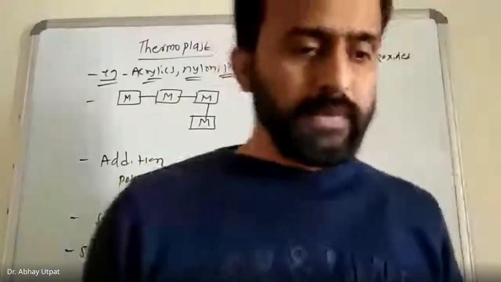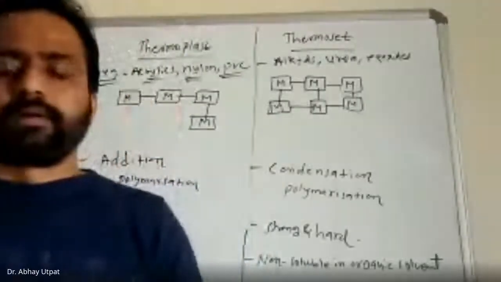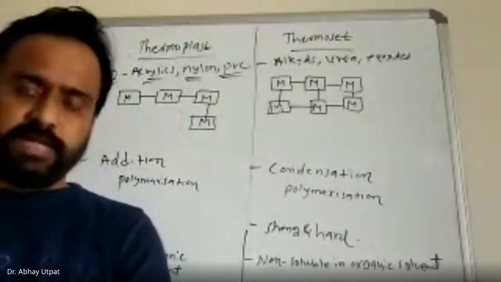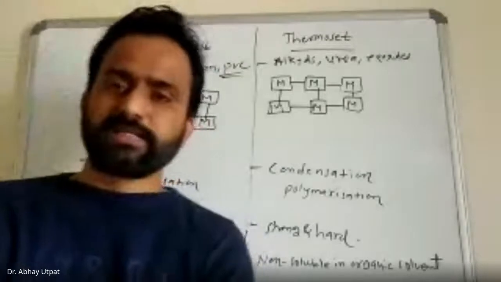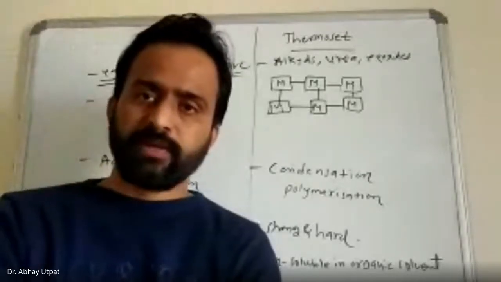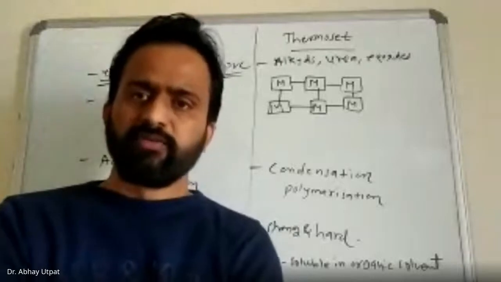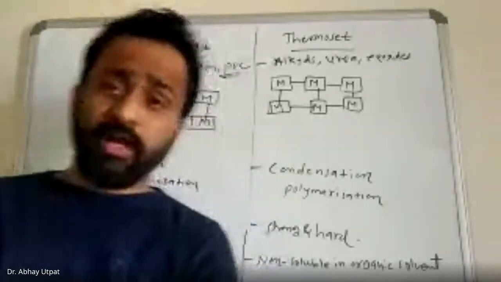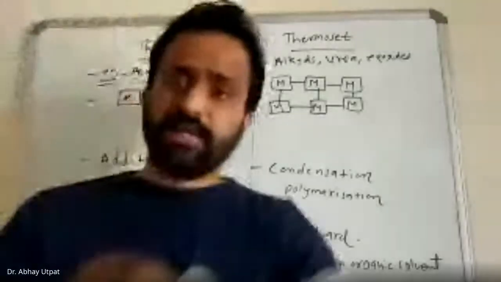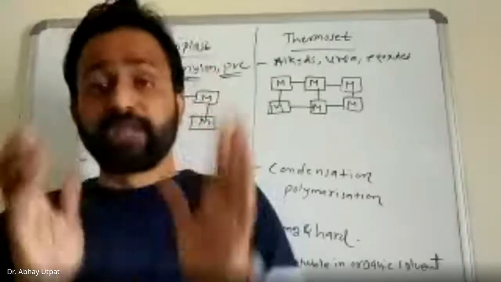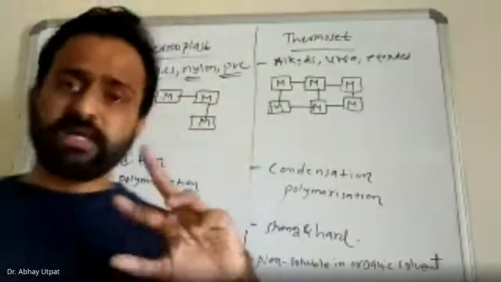So the types of plastics are thermoplasts and thermosets. Thermoplasts are soft and weak, you can say. Thermosets are strong and hard. Thermoplasts are reversible. Remember this main difference. You can reuse it.